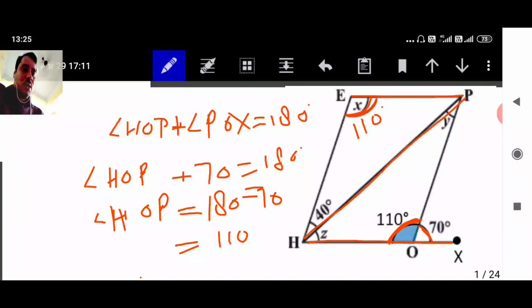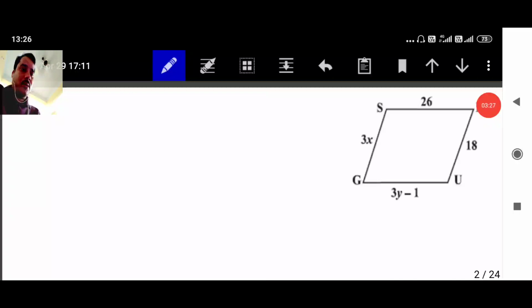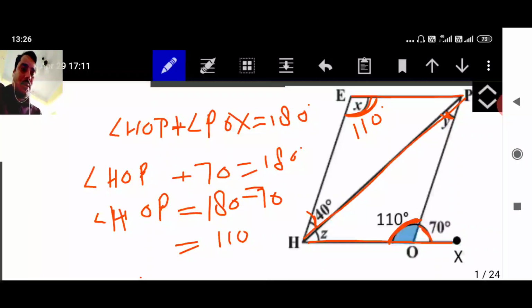So this angle y and this angle 40 are alternate interior angles. So y equals 40 degrees.